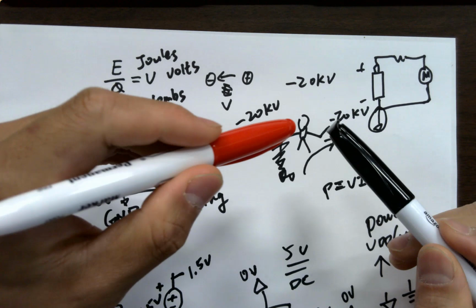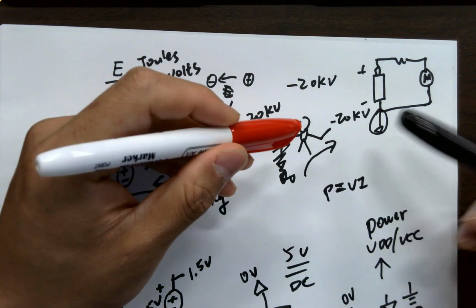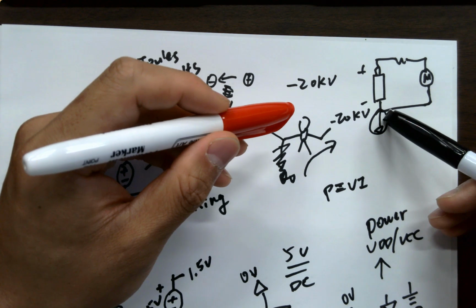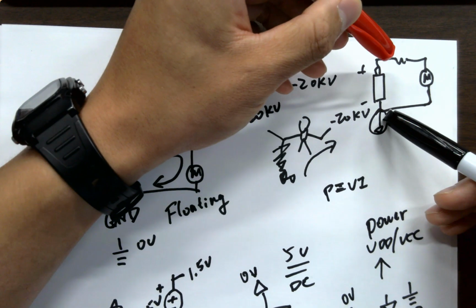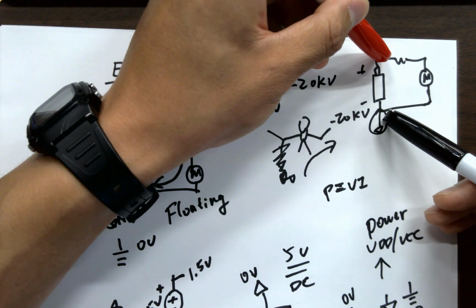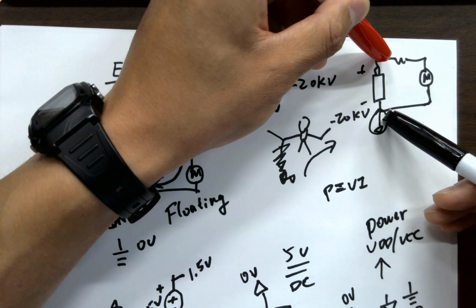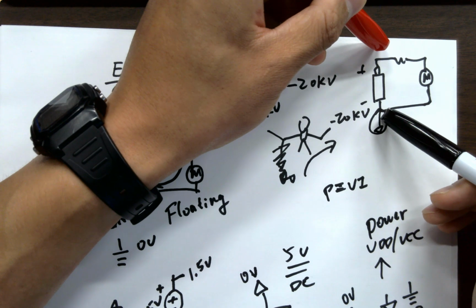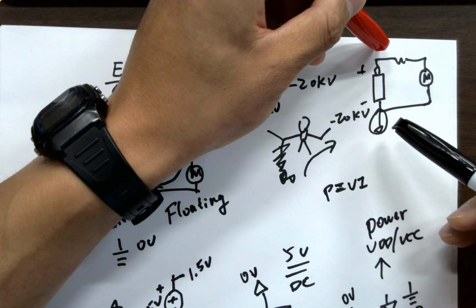If you put the black probe on the cathode of the battery and push the red probe against the anode, you are reading the voltage rating of the battery, which is 1.5 volts. So we are just treating this terminal as ground or 0 volts.